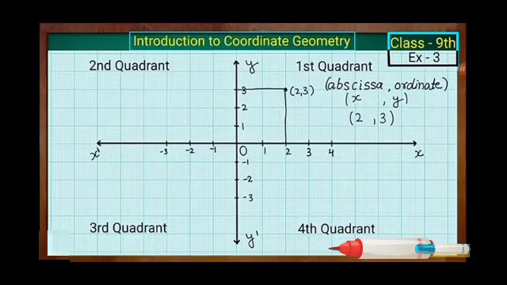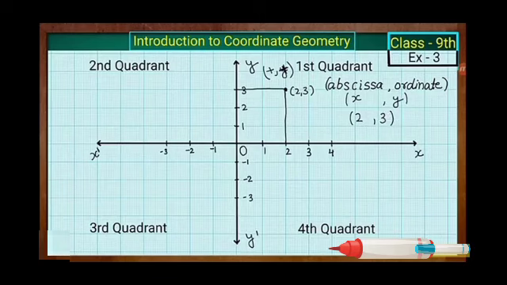In the first quadrant, both abscissa and ordinate are positive. The values of x and y both are positive here. So you have to remember it. In the first quadrant, x and y both are positive.